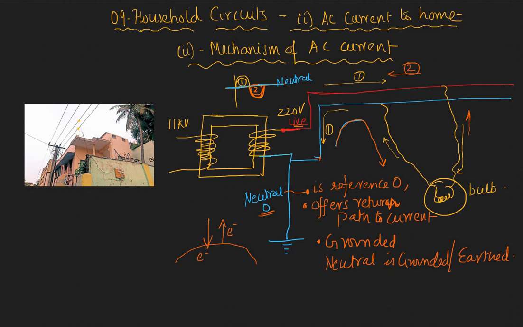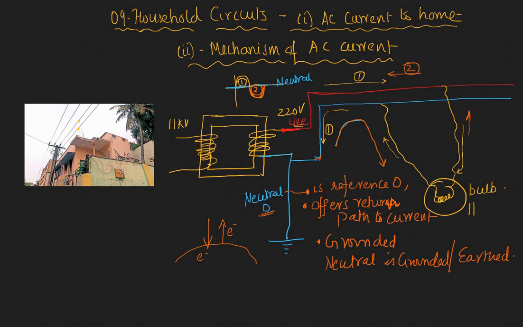The AC current is transmitted to home through two wires, the live and the neutral wire, which both come from the transformer. You tap into the live and the neutral in your house, and your electrical equipment works.